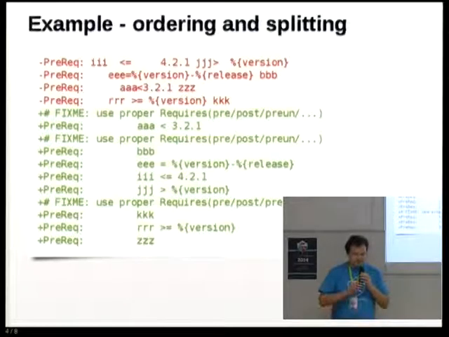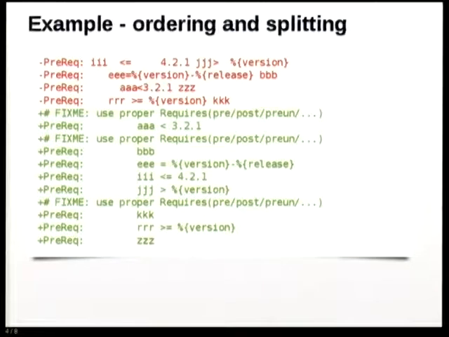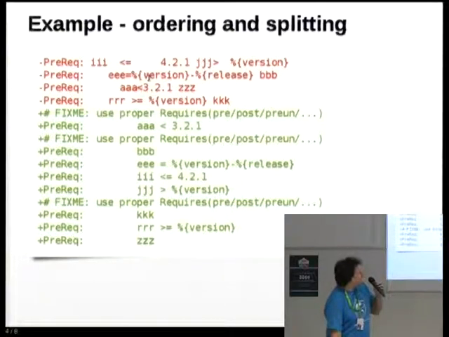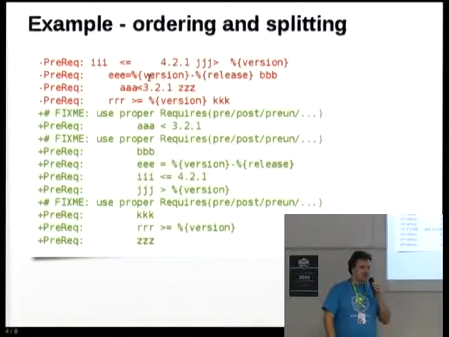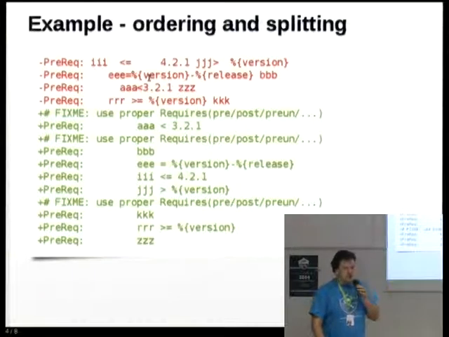So these are some ways of how to write dependencies. You can write multiple dependencies on one line. You don't have to follow any formatting. And you can write them in pretty much random order. What spec cleaner does is it takes them, splits them, puts every dependency on a separate line, and sorts them alphabetically.